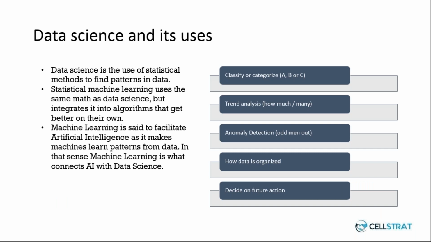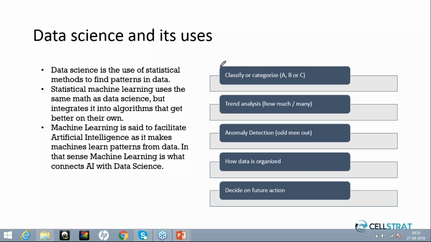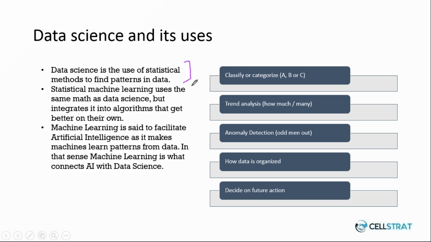Let me come to the topic of the day, which is machine learning and the various classification algorithms. But first, let me introduce the high-level overall list of data science and machine learning algorithms. Data science is the use of statistical methods to find patterns in data.